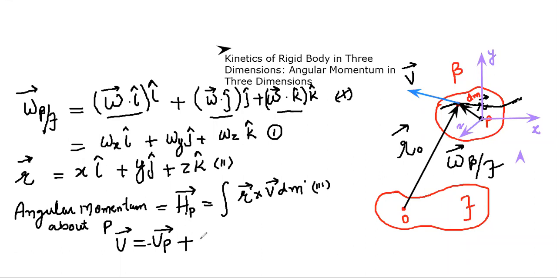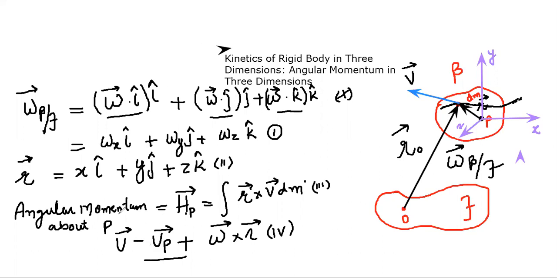This equation is from kinematics. Let's call this equation 4. Now this is not minus, we need to correct it here, this is plus.